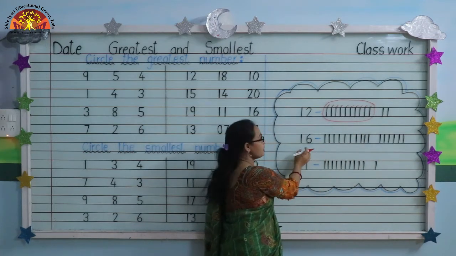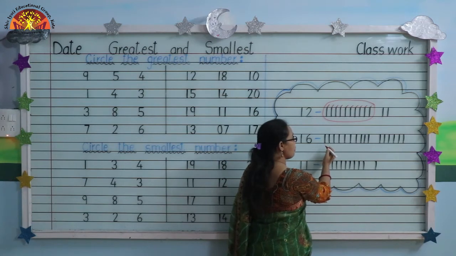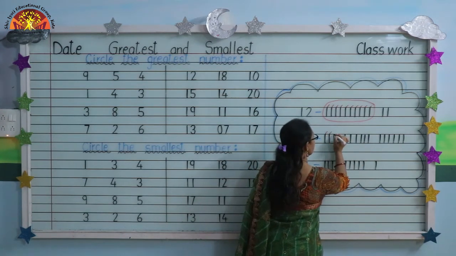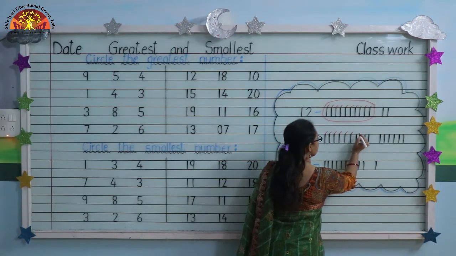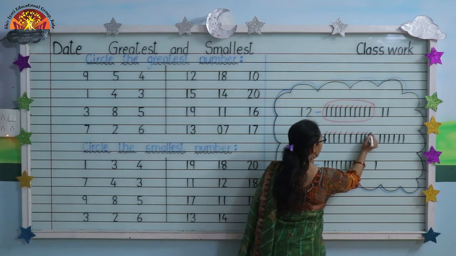Next number is 16. Make a circle around a group of 10 lines.